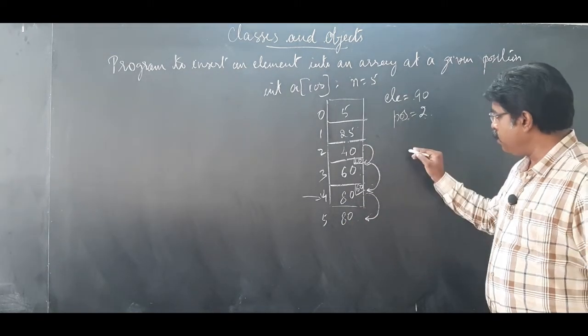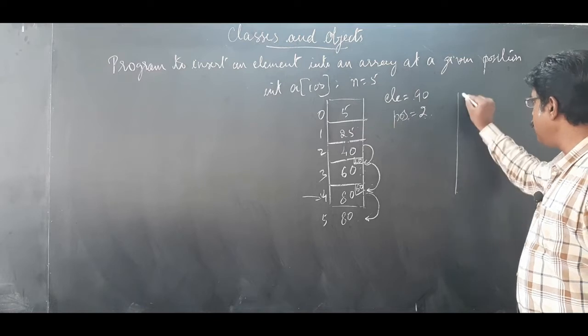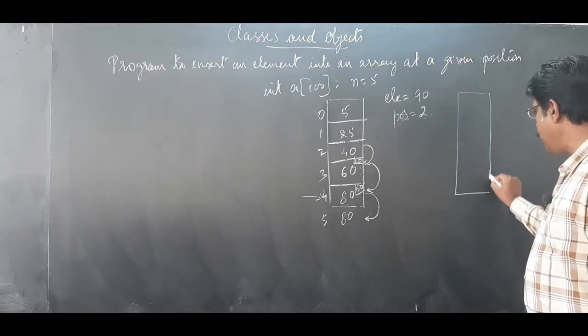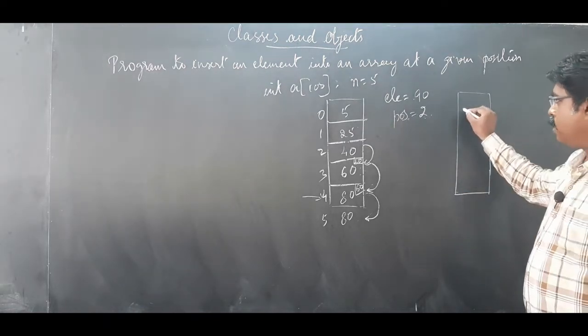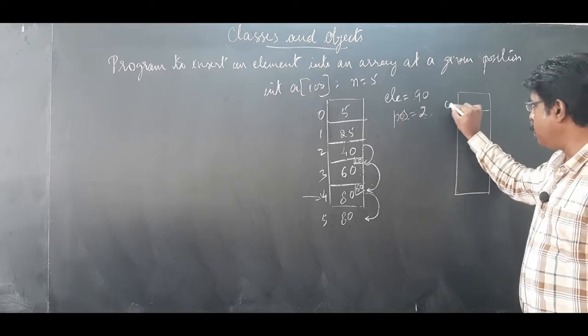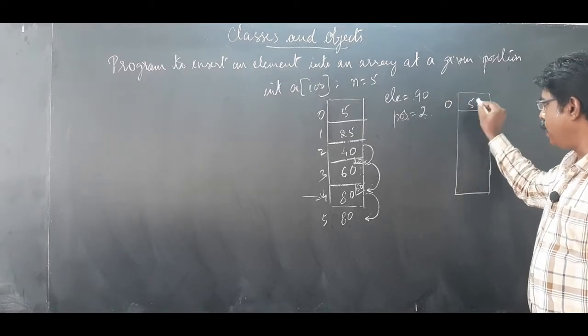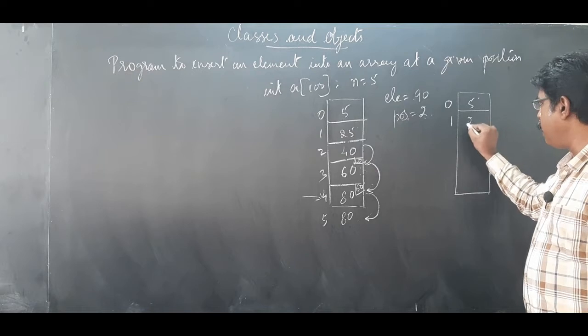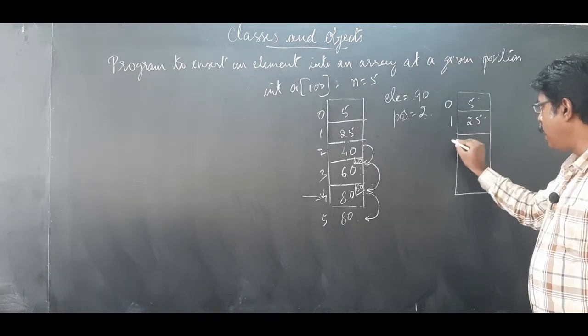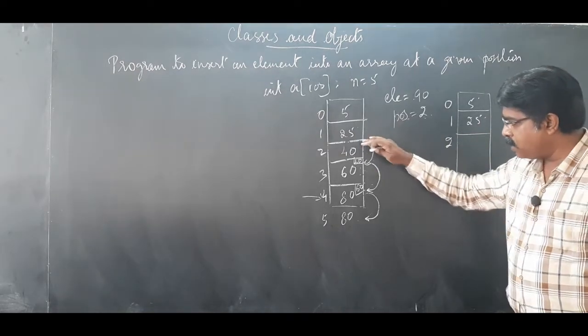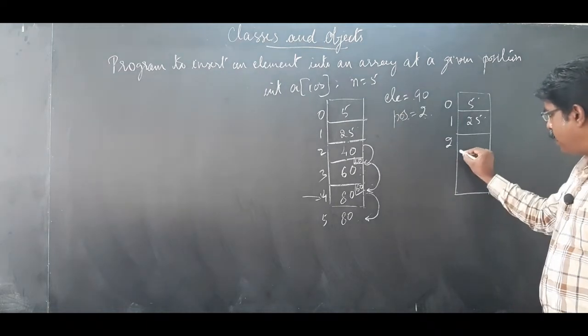When we shift, this could be the resulting array or an intermittent array where a space is created. So at the 0th index, we have 5. At the first index we have 25, and at the second index, let me create a space here so that you could understand.